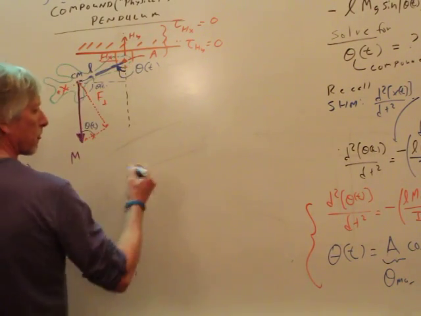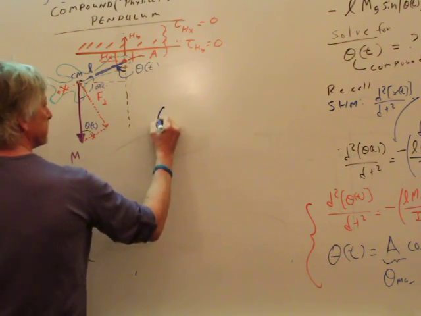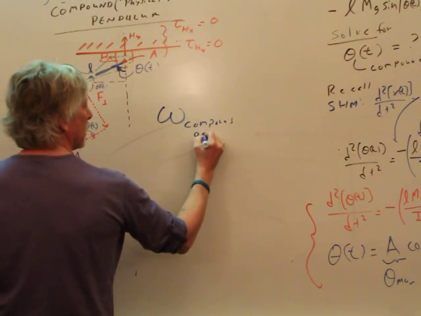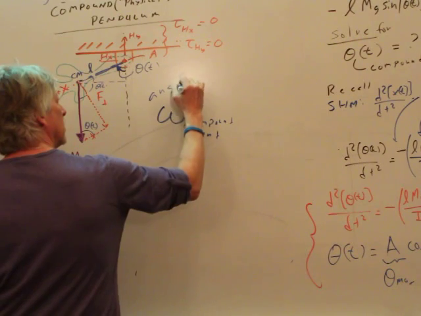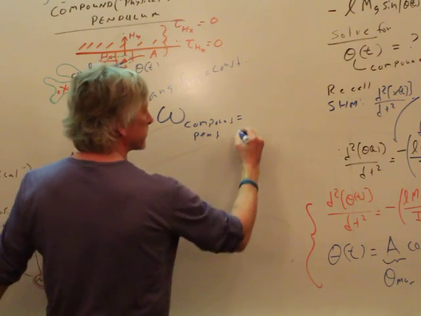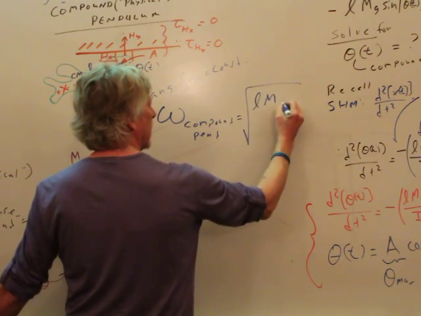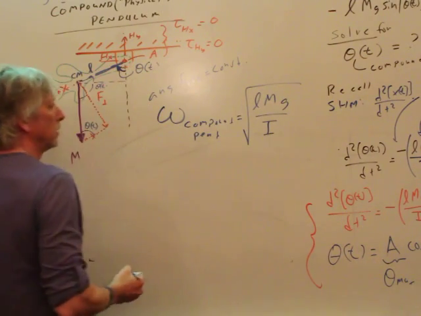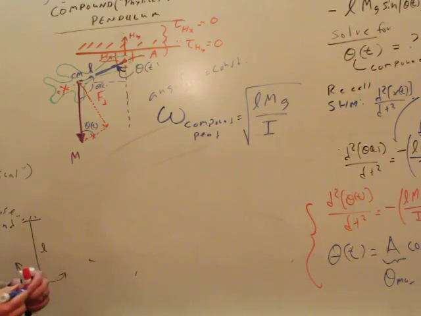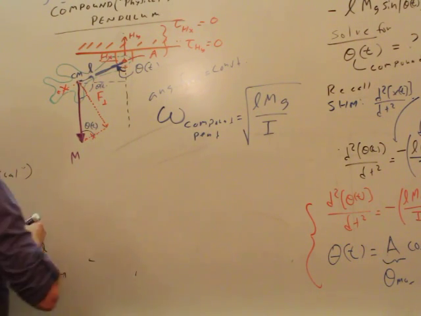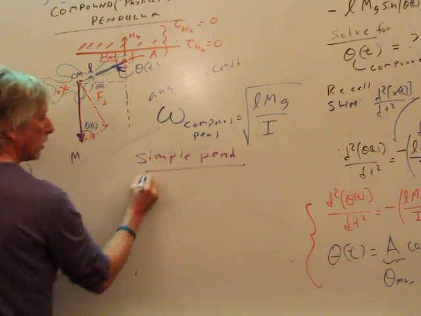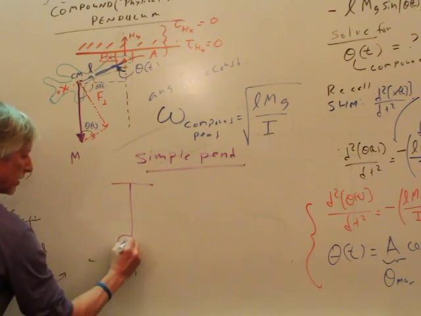And the bonus is that omega of a compound or physical pendulum, where I'm talking about the angular frequency, which is a constant of the motion, is equal to the square root of L m g over I, whatever I is for Bob, if you hang him by his head right there like that. It gives you the simple pendulum where you have this and that's m.